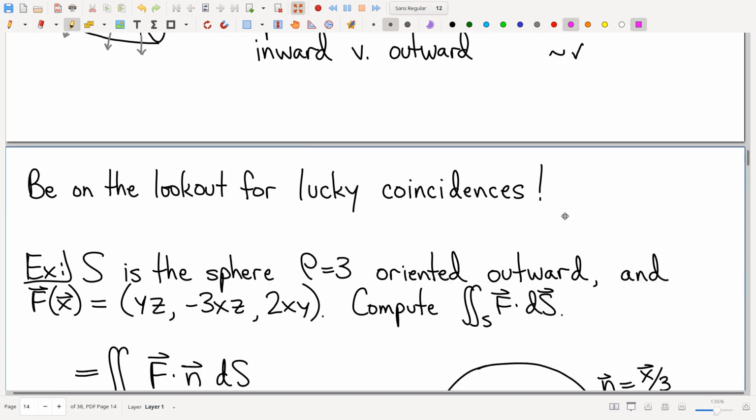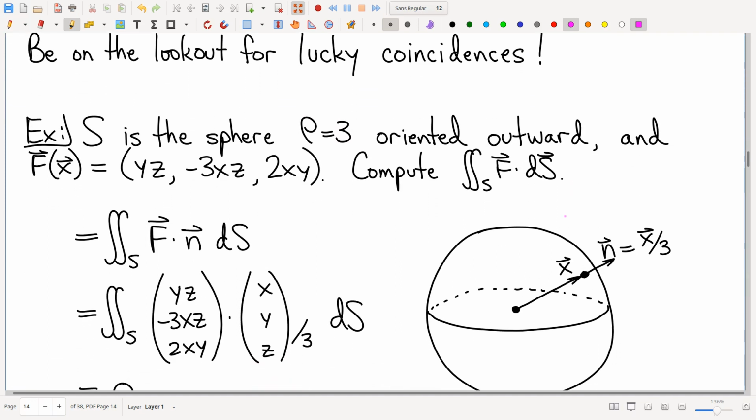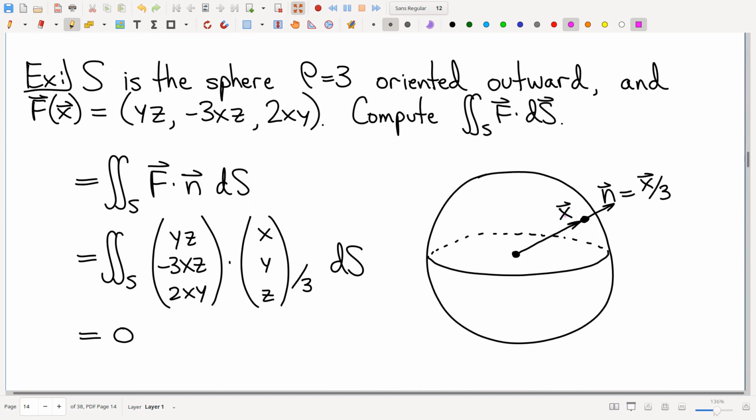Okay. Related stuff. Several related topics we need to talk about. Lucky coincidences. We saw some of this with vector line integrals. Sometimes, the nature of the problem just makes it a lot easier. You don't have to actually parameterize and plug it all in and such.